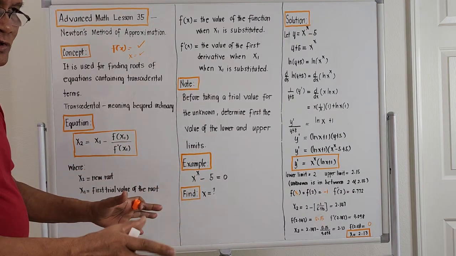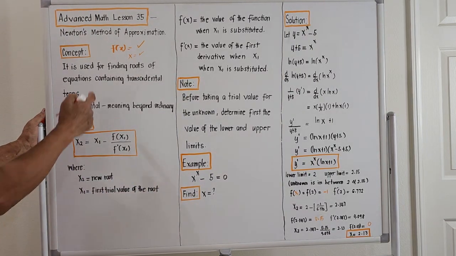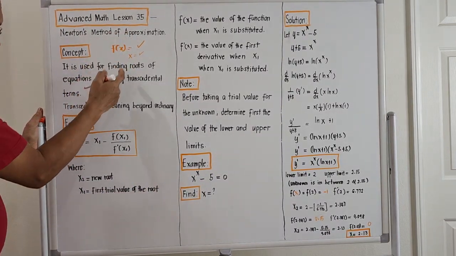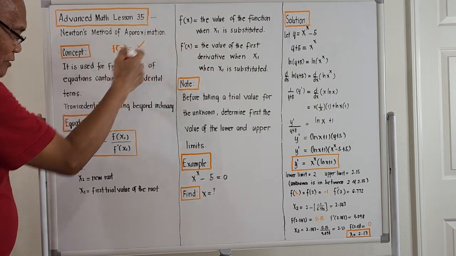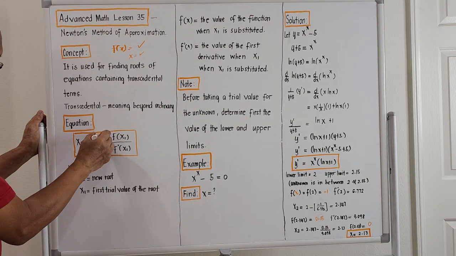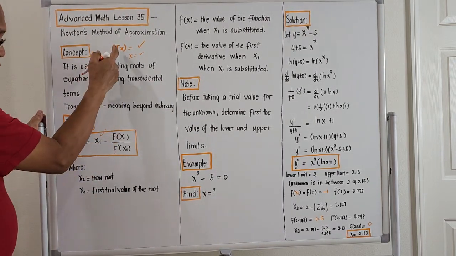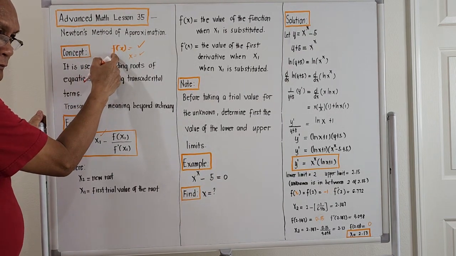So we must use the so-called Newton's method of approximation. If we are given a function of x and the problem is asking for x, on the first assumption, we will assume a value x1 originally. We'll substitute it on the given equation.